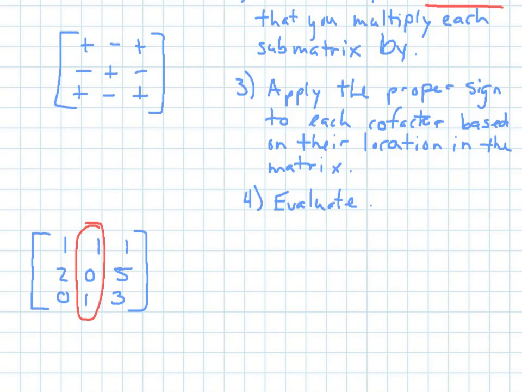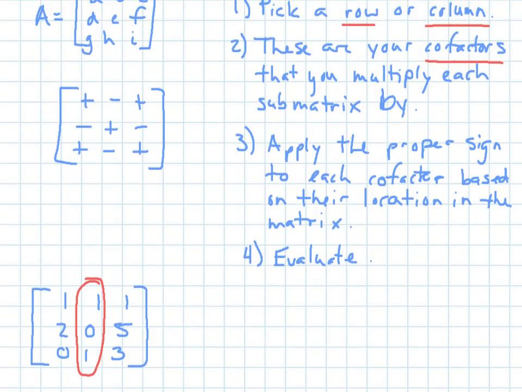So what this column does is it breaks up the rest of my matrix and helps me create different 2 by 2 matrices so that we can find the determinant of those using the AD minus BC thing that we just talked about. So these are like the coefficients that you put in front of those multiplications to help you get the determinant of a 3 by 3. So for this row, that's what we picked, and that's what we're going to multiply.